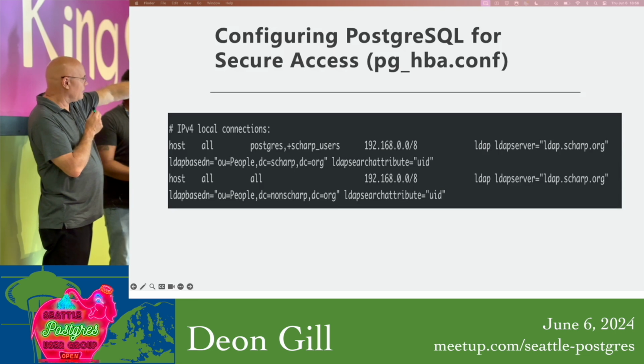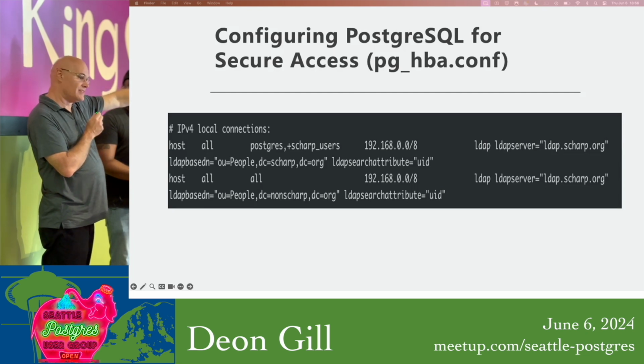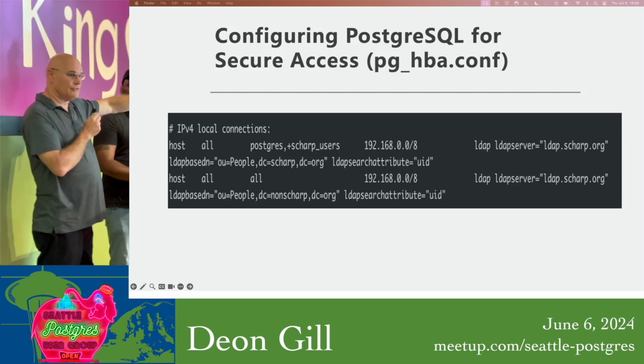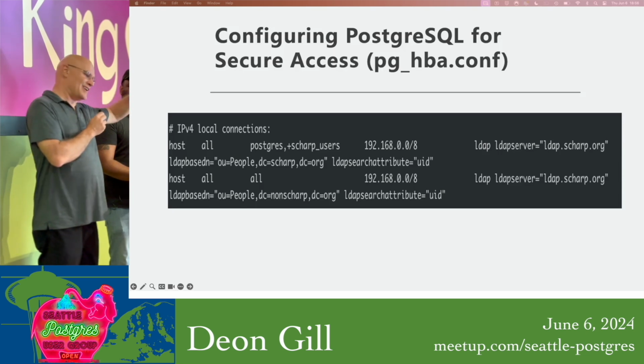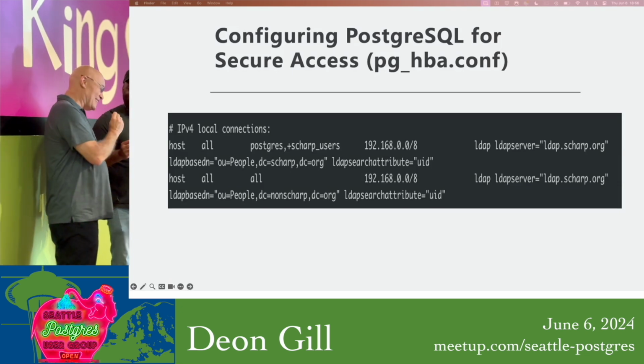And if you'll notice, the LDAP is slightly different between the two connections. One is going to the DC Sharp and the other is going to the DC non-Sharp, so they're going to different LDAP attributes for the connections. And by the way, all these IP addresses are not our real IPs. They've all been fudged. Just so you know.